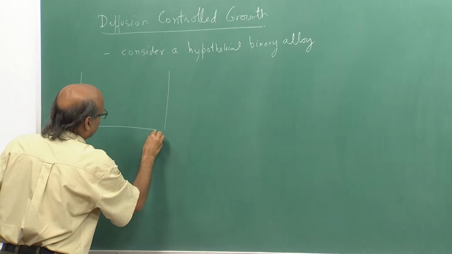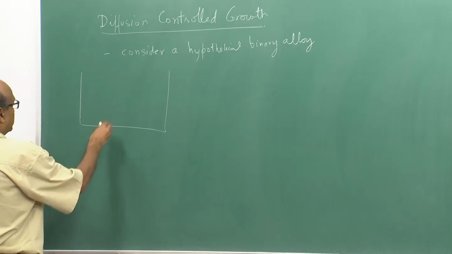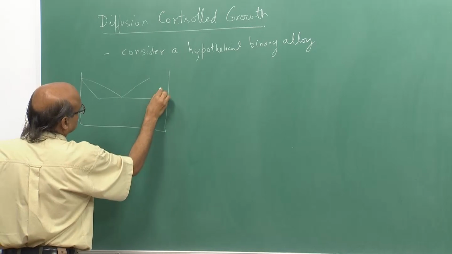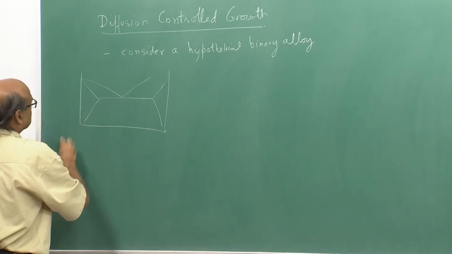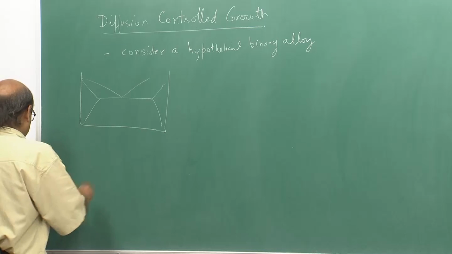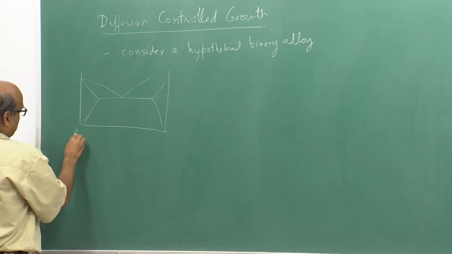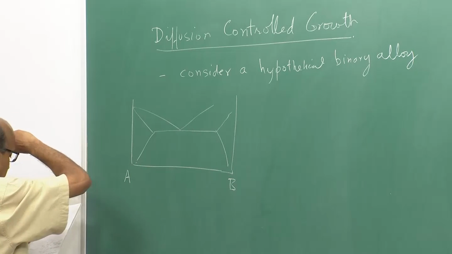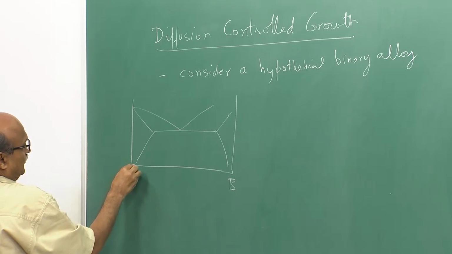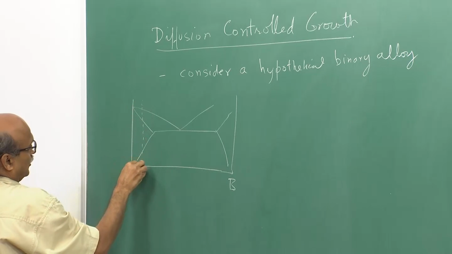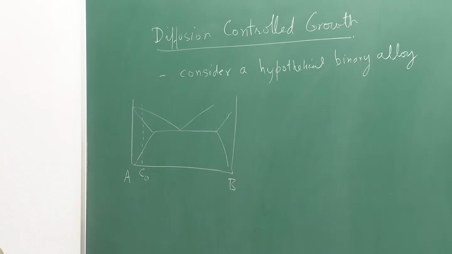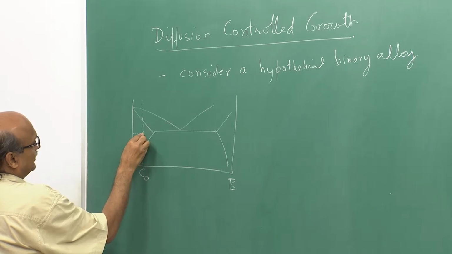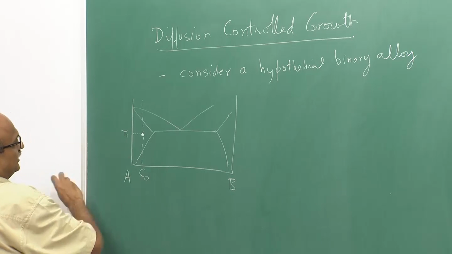So, the phase diagram for this alloy could be something like this. This is an alloy between two components A and B, and let us say that we choose an alloy of composition C0 at a temperature, let us say T1.